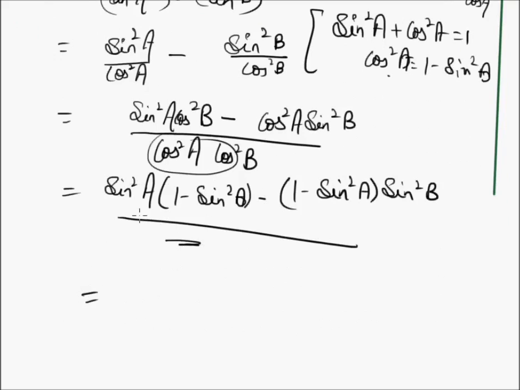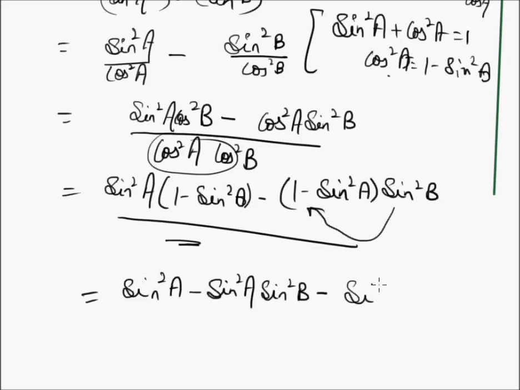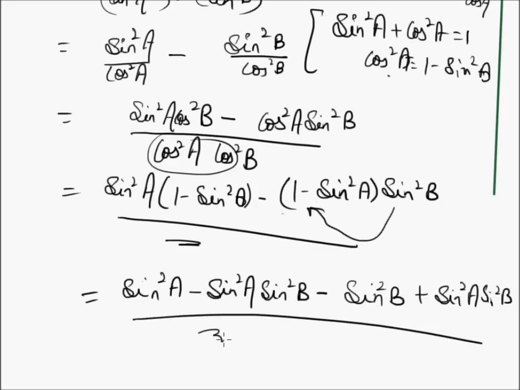So we have, opening the brackets, sine square A minus sine square A sine square B minus sine square B, and minus and minus will be positive, of sine square A sine square B over the denominator.